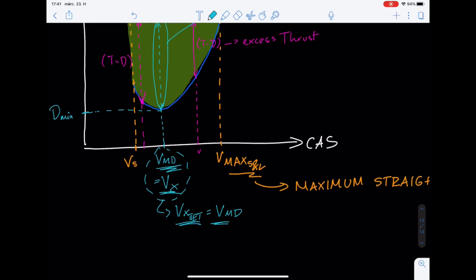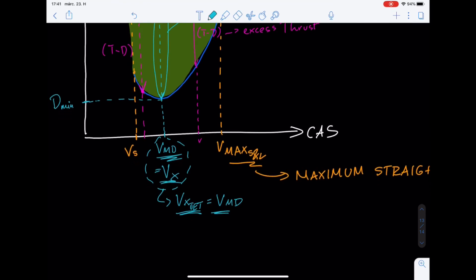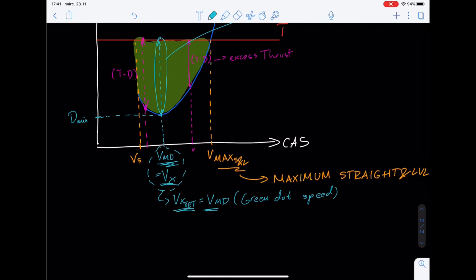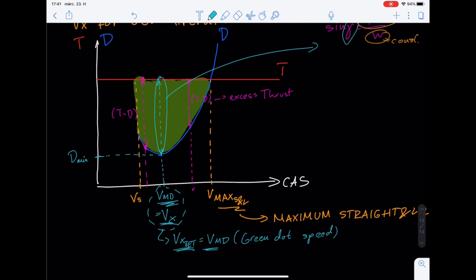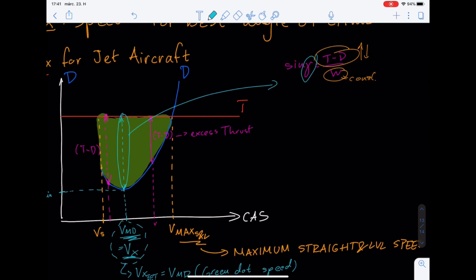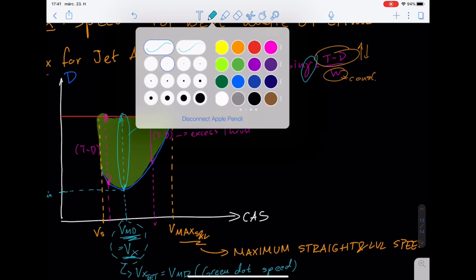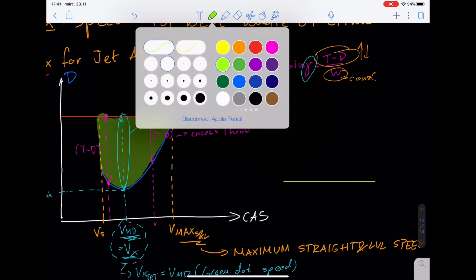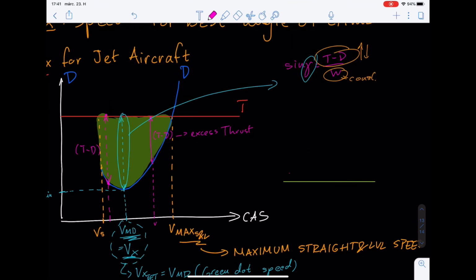If my understanding is correct, on the Airbus they also call this the so-called green dot speed; the green dot speed is the VMD. If you fly at this VMD speed, you're going to achieve the best, the greatest flight path angle.